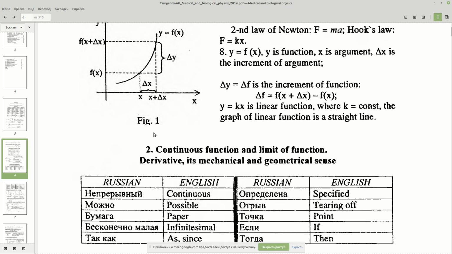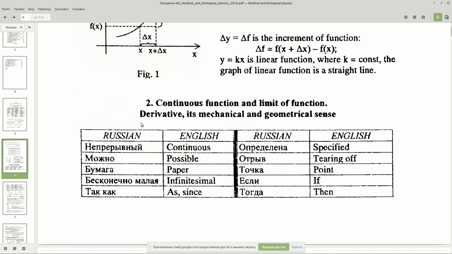So we need to have some vocabulary about continuous function and limit of the function. Derivatives, its mechanical and geometrical sense. So we have some words, something like continuous, possible, paper, infinitesimal, specified, tearing off, point, if, and then.